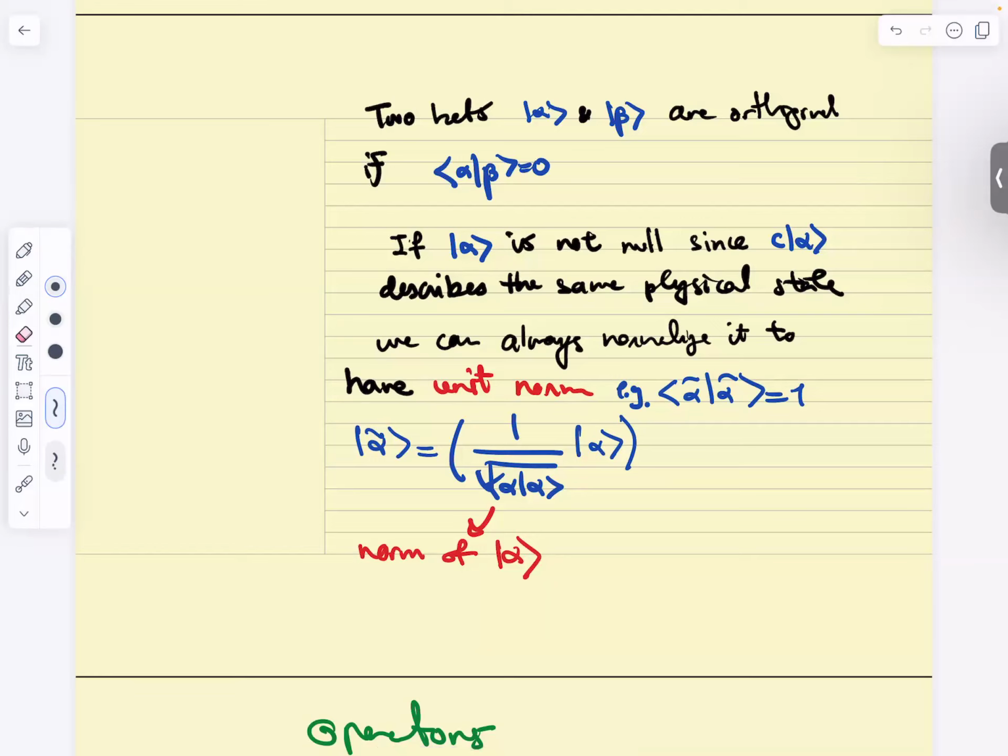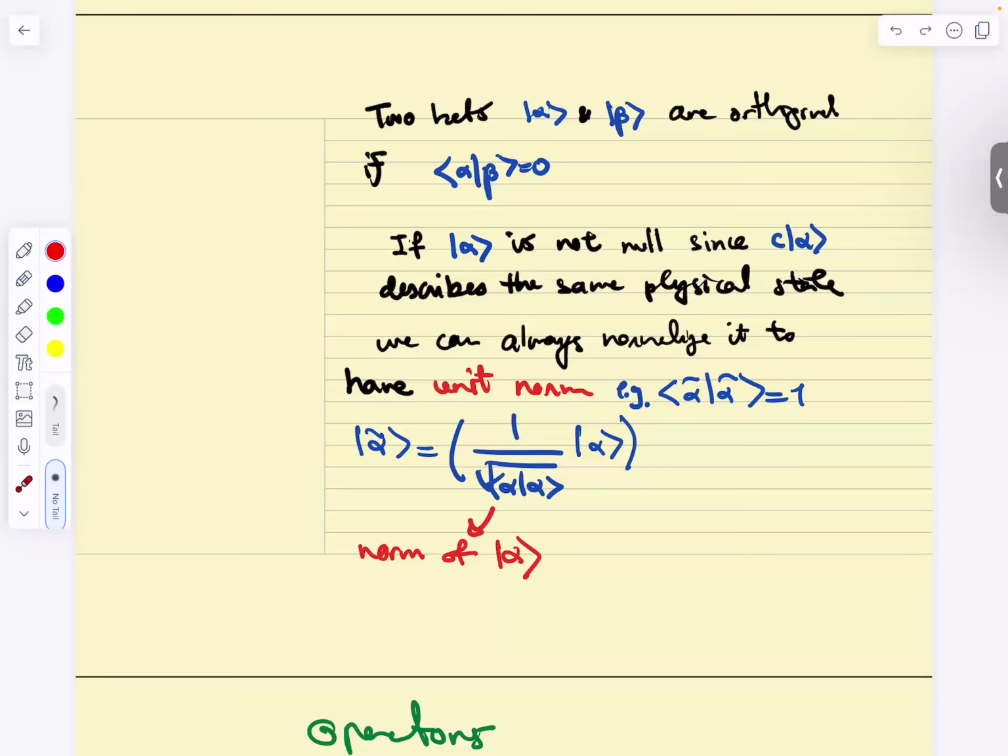Now, consider two kets, alpha and beta. We say these two kets are orthogonal if the inner product is 0. The bracket is 0. So I'm using the word inner product and bracket interchangeably, right? Now, this should also not surprise you because this is a simple generalization of the case of real vectors you're familiar with, right?